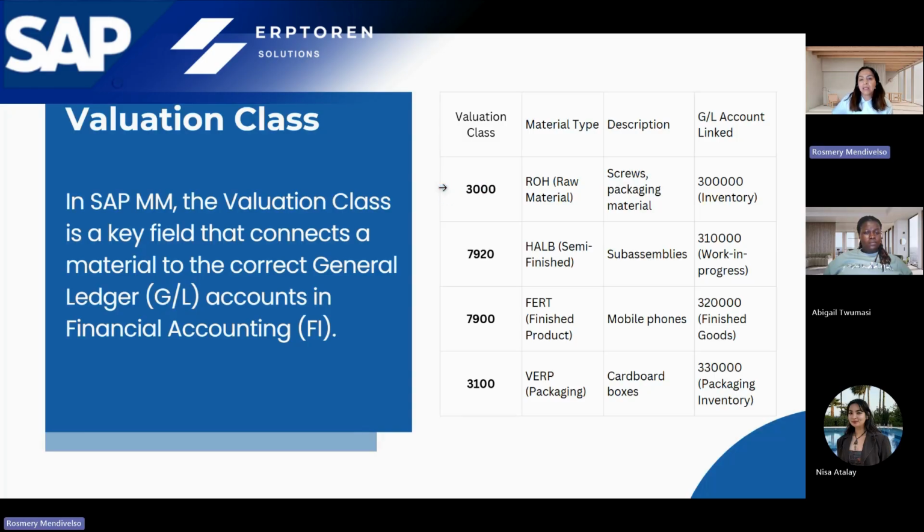Valuation class can be 3000 for raw materials, for example, and packing materials. And the GL account will be 30, and that will be for inventory. We have as well 792 for HALB semi-finished products. And the GL account will be different, will be 3140.